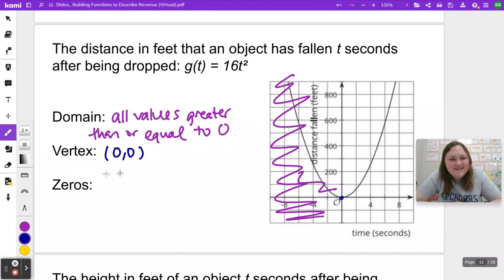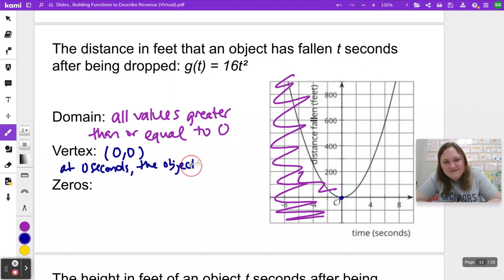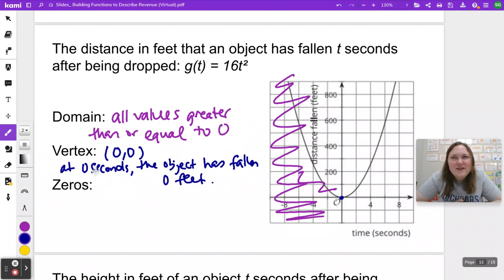Well, it tells us that at 0 seconds, the object has fallen 0 feet. Basically, at the beginning of time, the object hadn't fallen yet. That's another way you could word it.